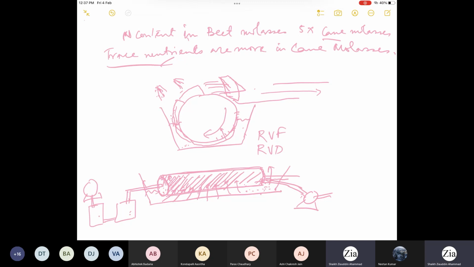The advantage with this particular system is that it's a continuous system, because the surface continuously gets renewed, meaning the cake gets removed, so you get a new surface, and that new surface will again be exposed to the liquid slurry, and fresh cake will form, and that cake will again get removed by the blade.